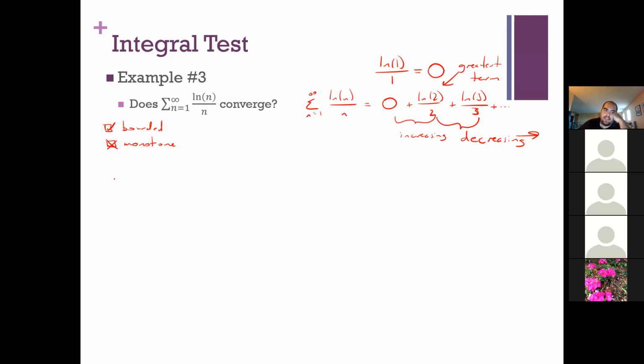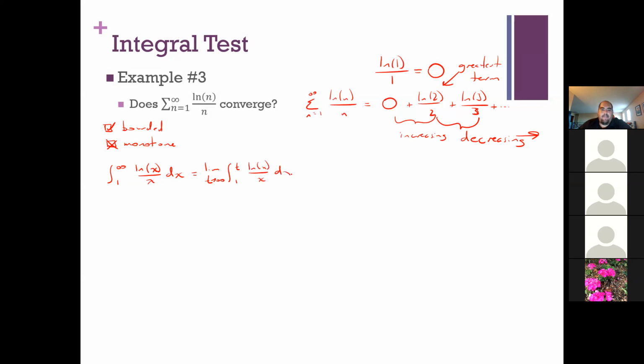So we're talking integral test at the moment. Let's try to set up this integral from 1 to infinity of natural log of x over x dx. Is this an integral we know how to do? Yeah. Okay, how do we set that up? It'd just be t minus 1.